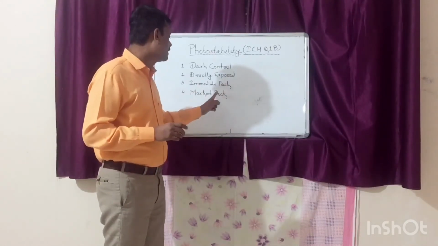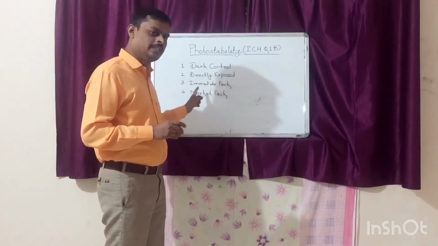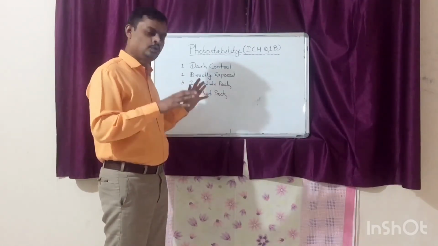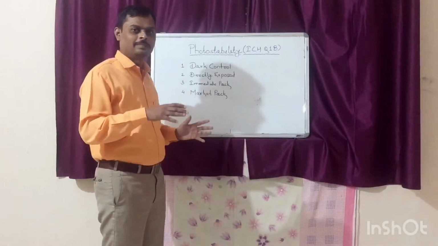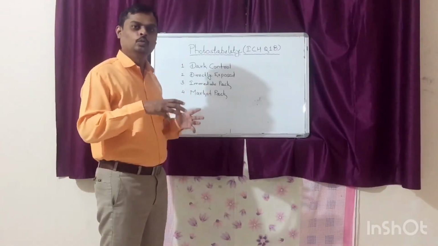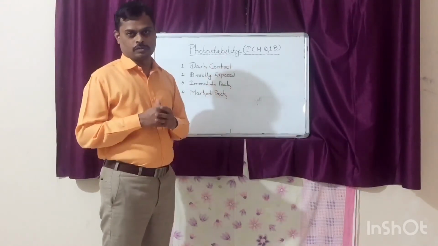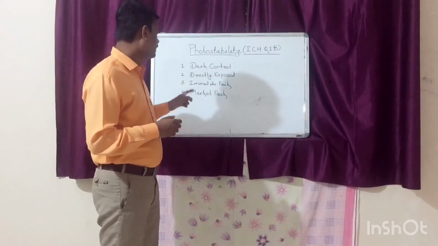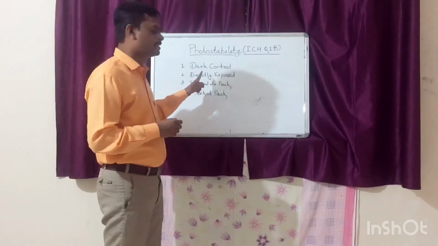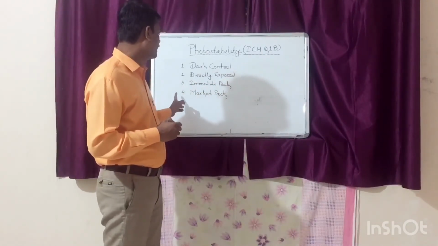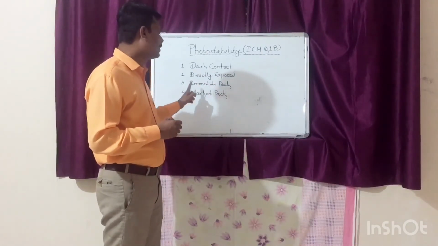If the results of immediate packs are within limits, it indicates that your primary packaging material is effective enough to protect your drug from light exposure. In case the results of immediate pack are not meeting the specification limit, analyze the samples in market pack.